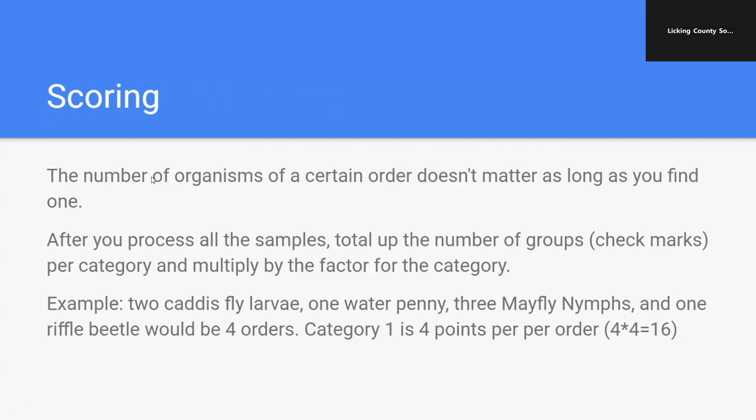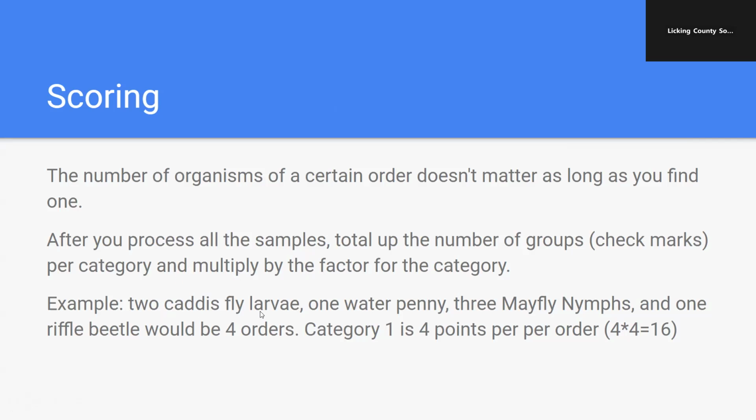So, scoring. The number of organisms of a certain order doesn't matter as long as you find one, like I said earlier. So you could find 100 caddisflies, but that caddisfly only counts one time on the data form. After you process, total the number of groups, check marks per category, and multiply by the factor for that category.